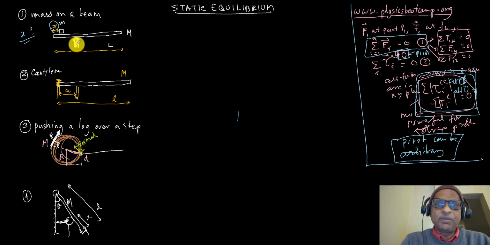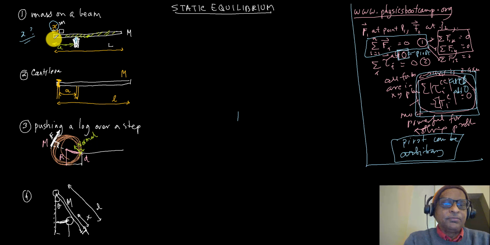Find X. The beam is my system. So what are the forces on this beam? The center is over here. This distance is not given, so let's call it A.